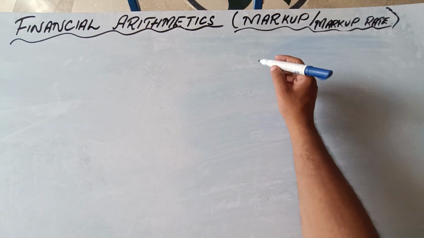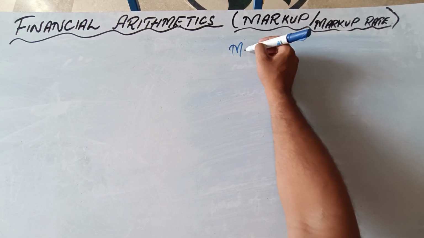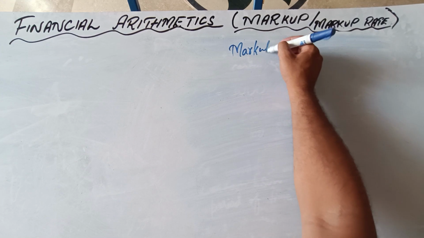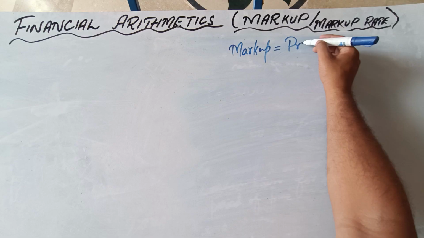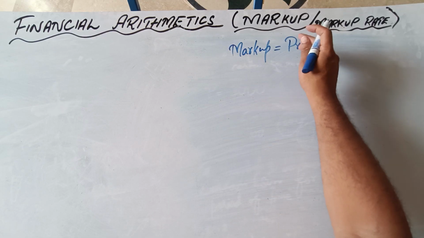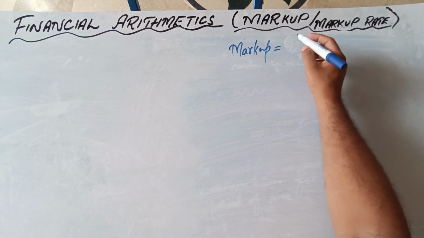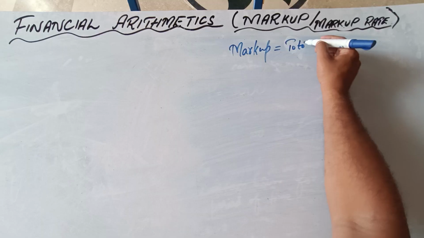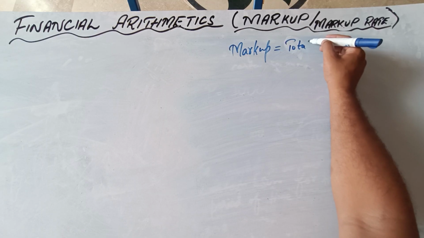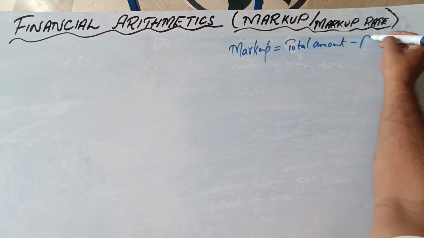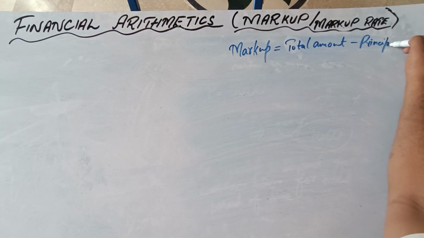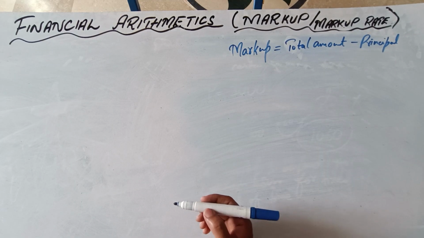So in order to find markup, there are a few formulas. Markup is actually total amount minus principal amount. Total amount minus principal amount is the formula for finding out markup.